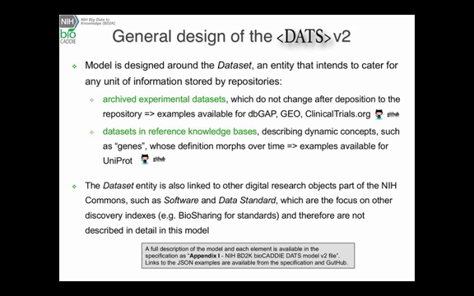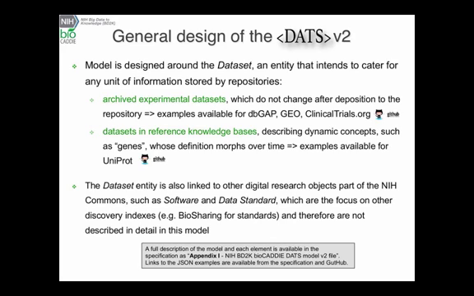So in terms of the general design of DATS and the scope, which datasets are we considering, we aim to cater for both experimental datasets, which do not change after deposition to the repository, and we actually provide examples in the GitHub repository for datasets available in dbGaP, GEO and clinicaltrials.gov for this type of datasets.